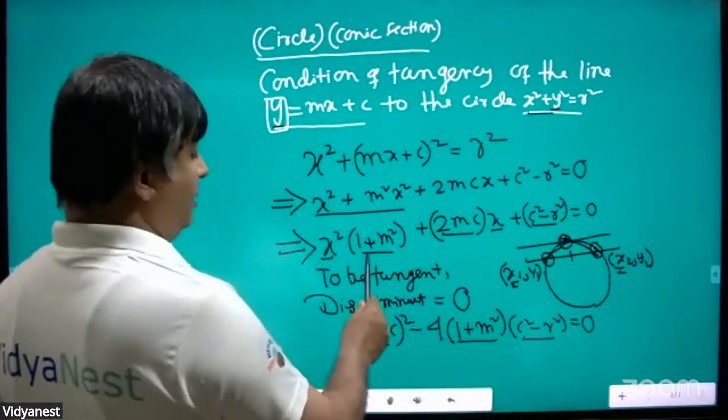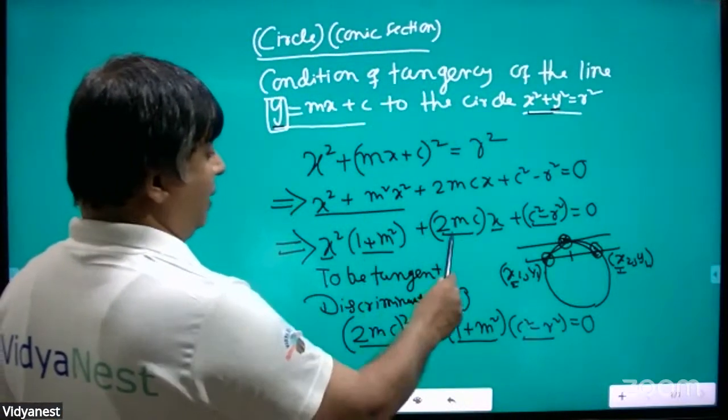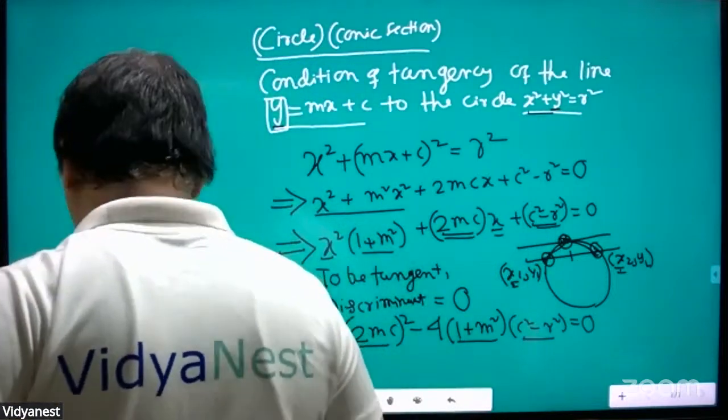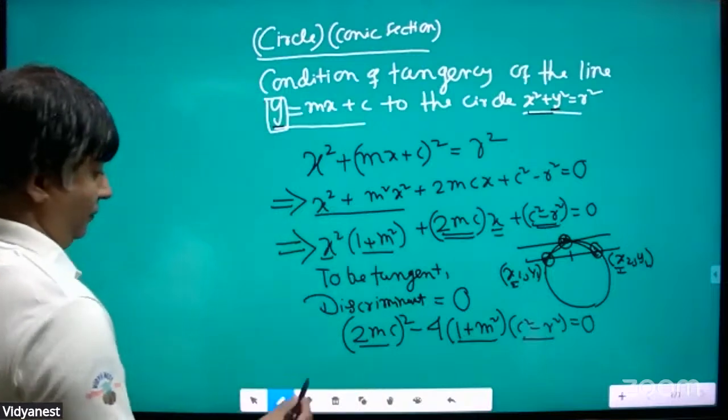You compare this with ax square plus bx plus c. So once you get that result, you simplify.